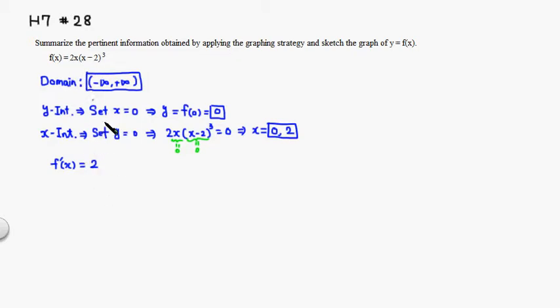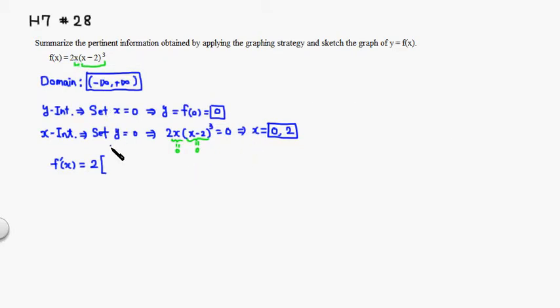Then I'm going to take the derivative of x times the quantity, so we have two things multiplied together. Here is our first guy, and here's our second guy. Let's take the derivative using the product rule.